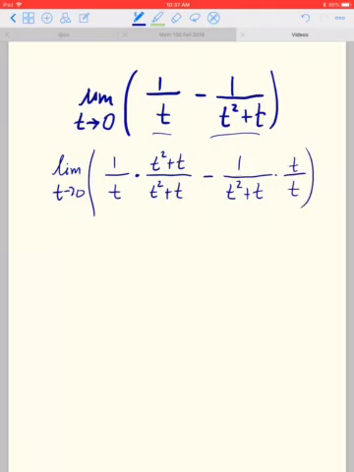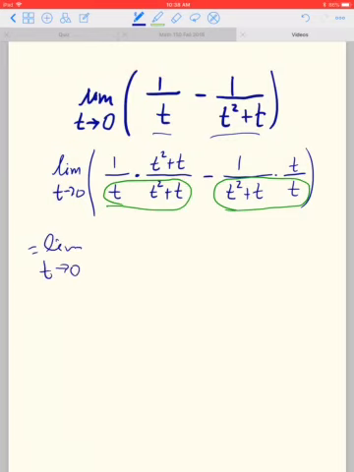So now if I look at my denominators, let me circle those in green. So the denominator here is going to be the same as the denominator there. And so if I simplify this, it's going to be the limit as t goes to 0 of t squared plus t, so that's our numerator, all over our denominator.